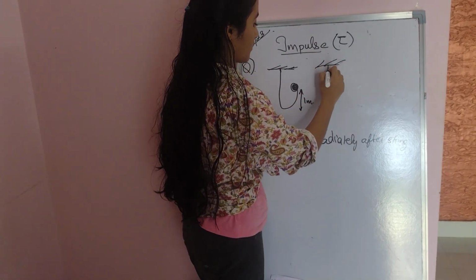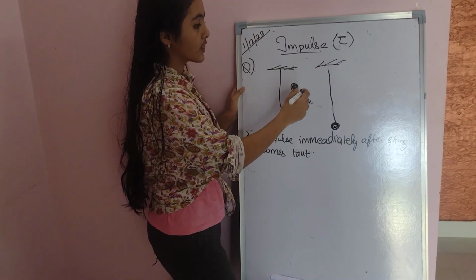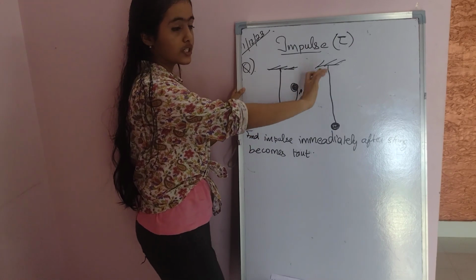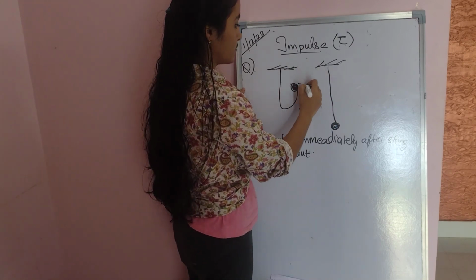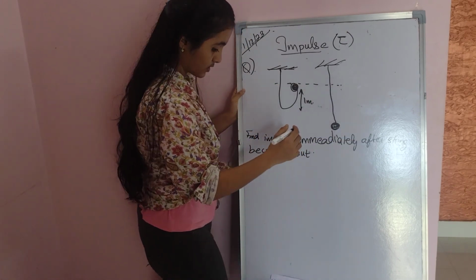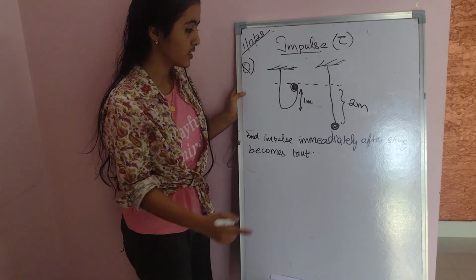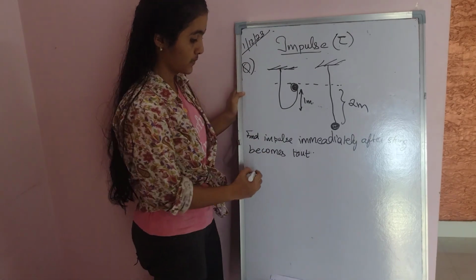So let's draw a picture when the string has become taut. The string has travelled an additional distance of 1 meter, so this distance becomes equal to 2 meters.